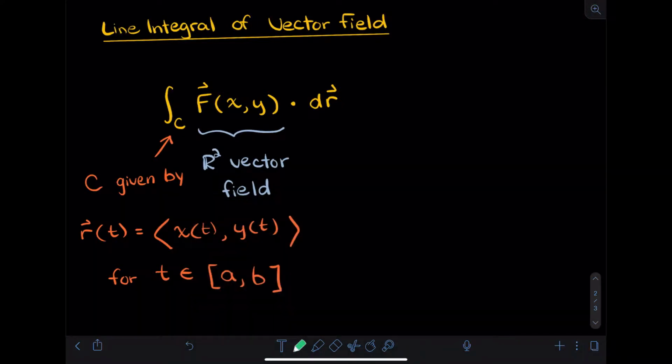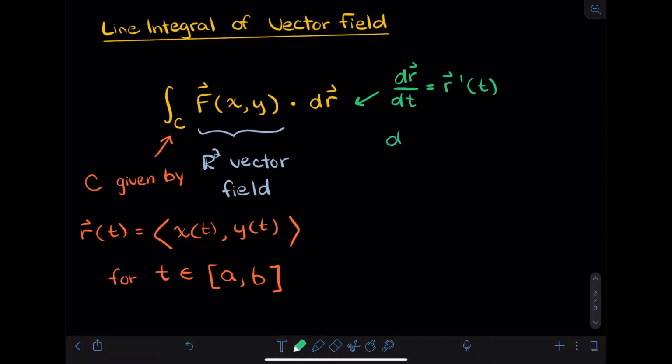So here, what does the dr mean? Well, this r that we're talking about in the dr is the same r that we are describing C using. But let's just think about this. If we consider dr dt, we all know what this means. This is the vector function r, and we are differentiating all of its components with respect to t.